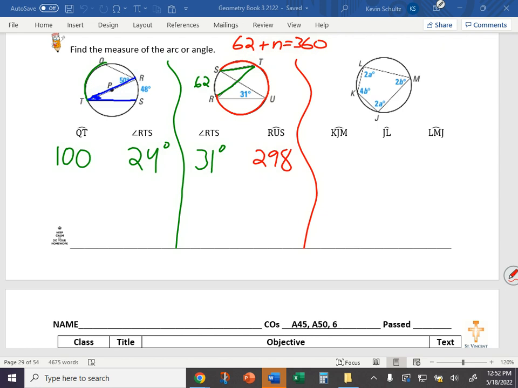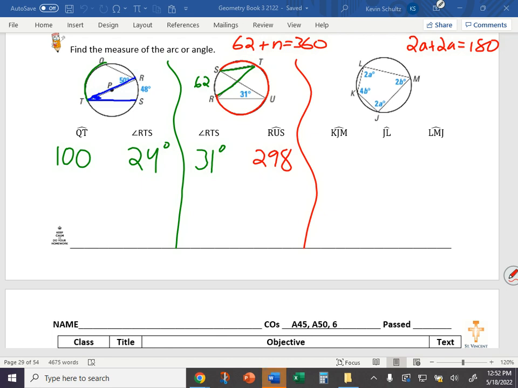So your hint here was to look at Theorem 10.10, which is where we talked about an inscribed quadrilateral, and the relationship was opposite angles are supplementary. So the challenge here was, how do I solve for A, how do I solve for B? Well, knowing that opposite angles are supplementary, one equation you would set up is 2A plus 2A equals 180.